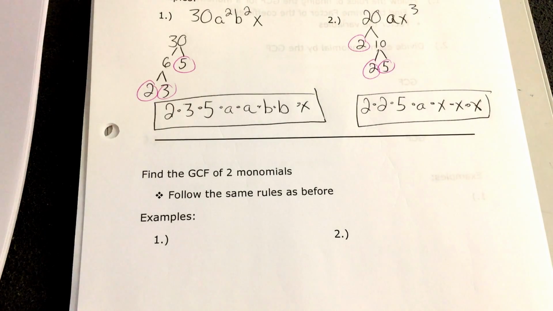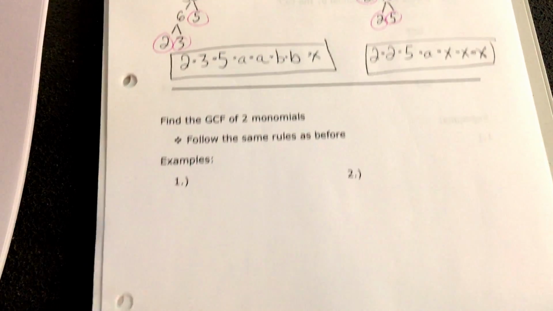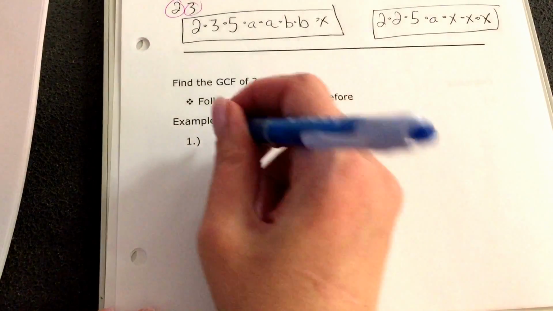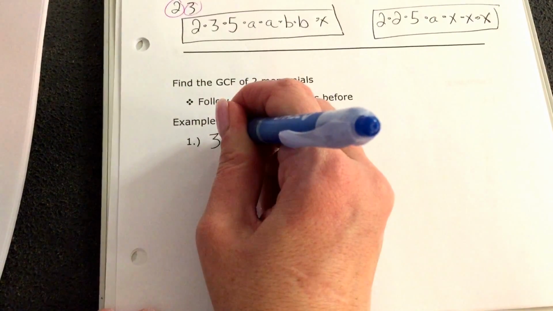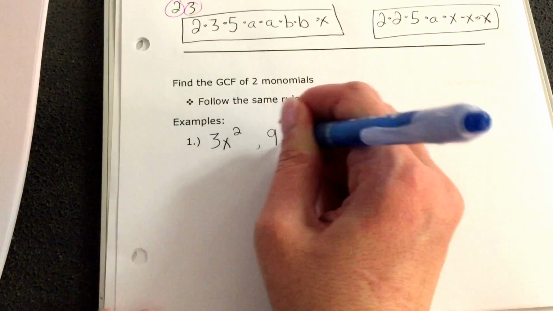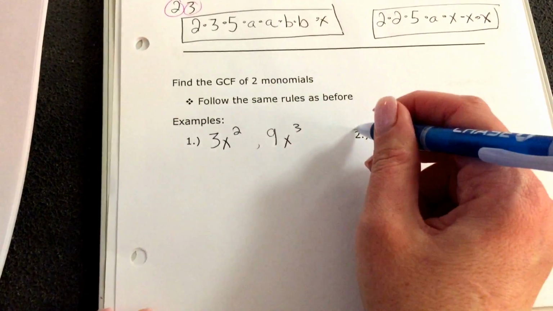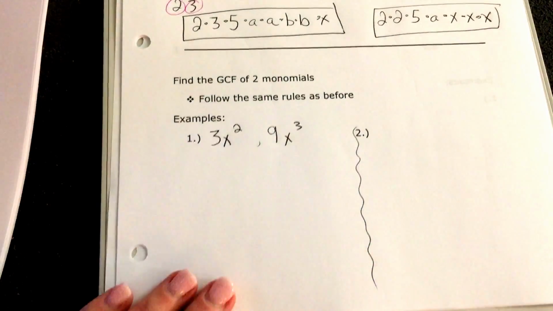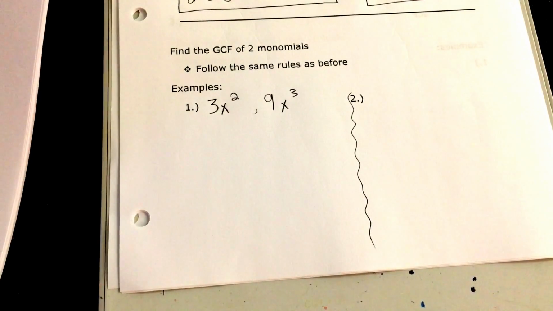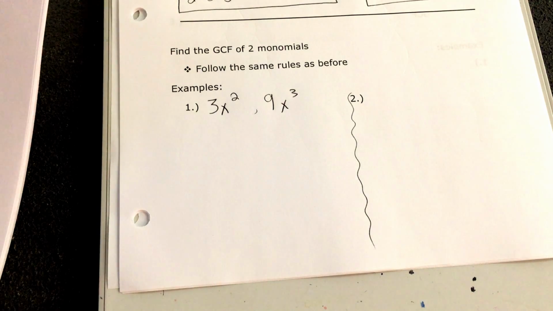Same process as what we just did with the numbers. Okay? So here we go. Our monomials are going to be 3x squared and 9x cubed. Now, I'm going to warn y'all, I tried the best I could to reduce these notes, but to still leave room for us to write, so don't write too terribly large on these, okay?